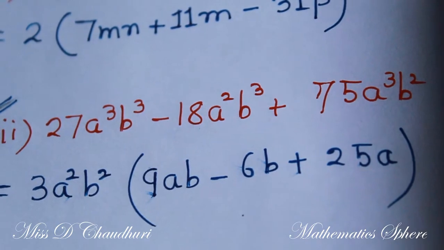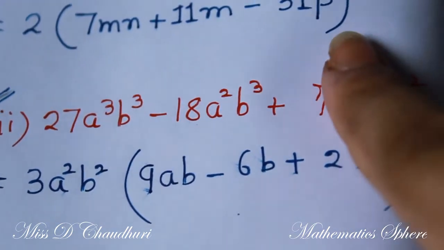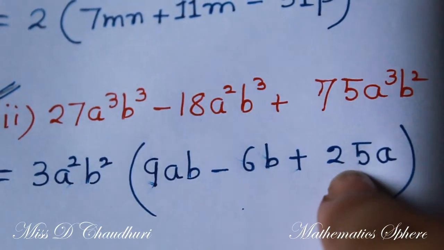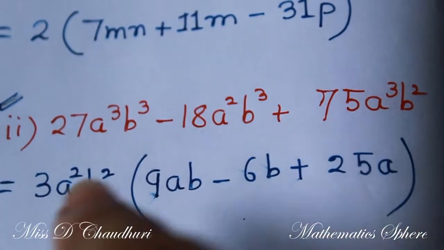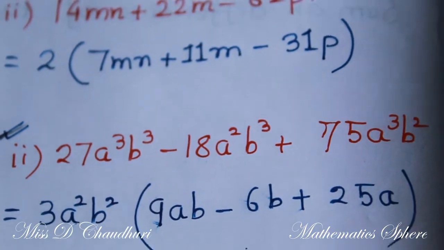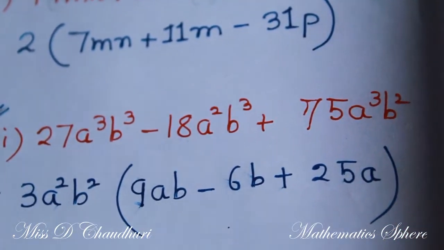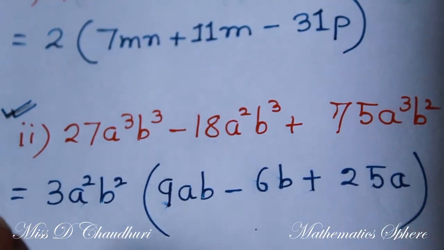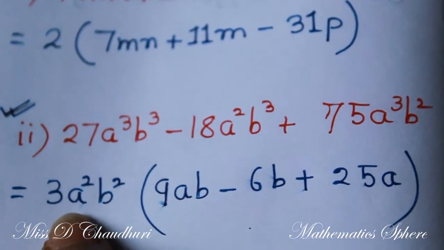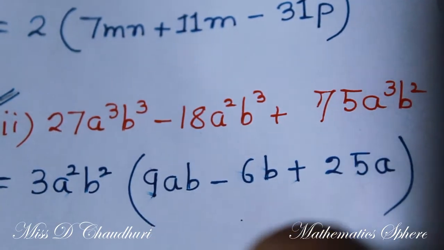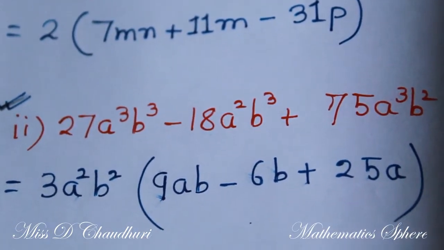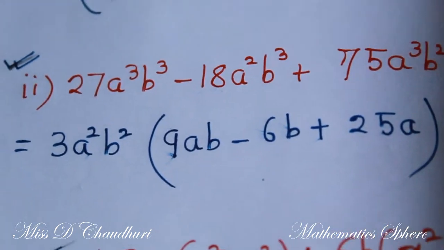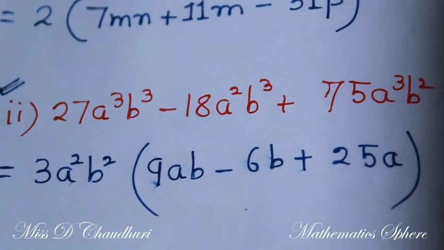Plus 75 a cube b square: 25 into 3 is 75, so 25 will be remaining here. B square is already there outside because it will be multiplied again if we do the reverse process. And from a cube, only a will remain because a square is already there outside the bracket. So this is also very simple. I'm just trying to make you understand the simple things because we will have to use this for doing the next sums. These are very easy ones.